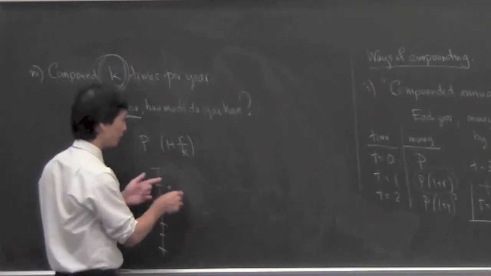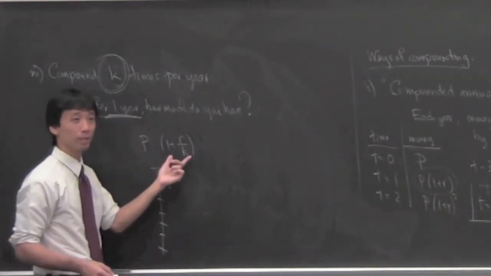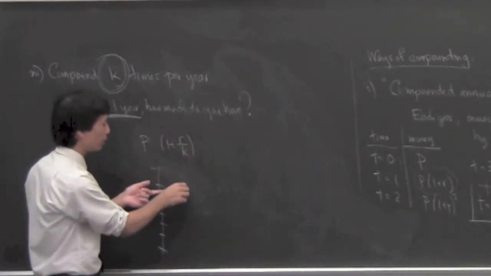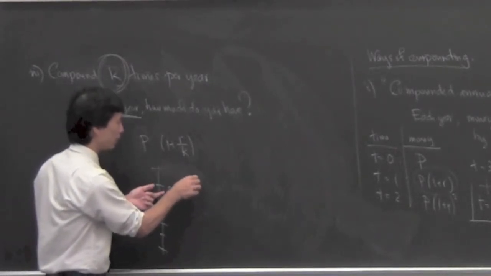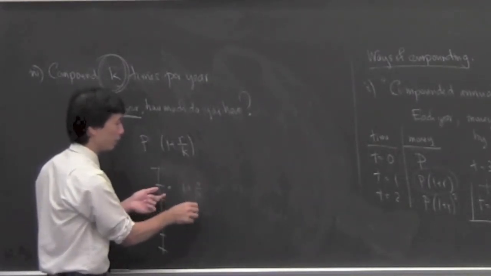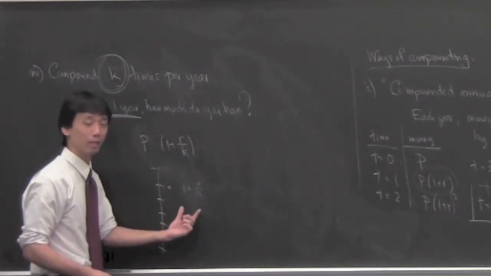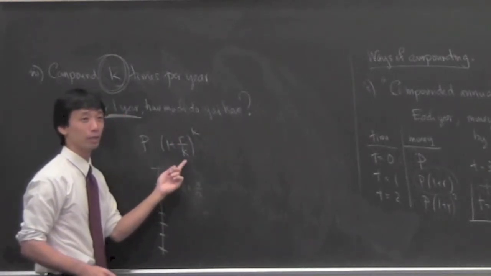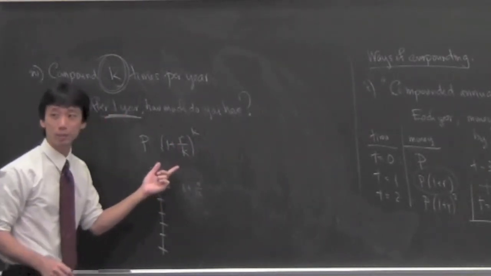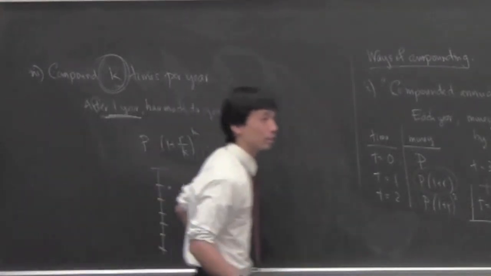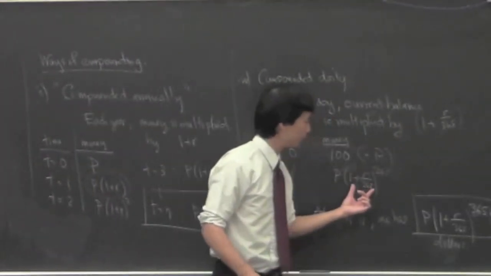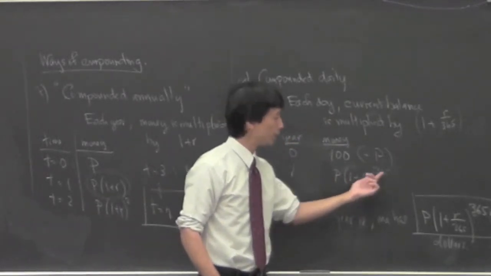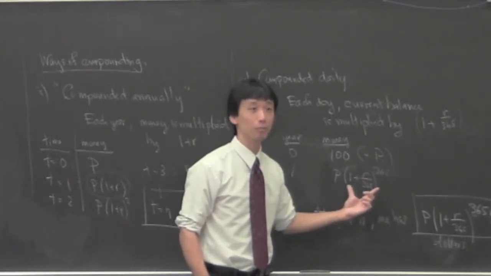Say this was monthly: you divide your 1% interest into 12 parts, and after 1 month, you multiply by 1 plus 1% over 12. After another month, you multiply by that again. You do that 12 times per year. Does that make sense to people? It's just the same thing that we did over here. You divide your interest into 365 parts, and you do that 365 times in 1 year.